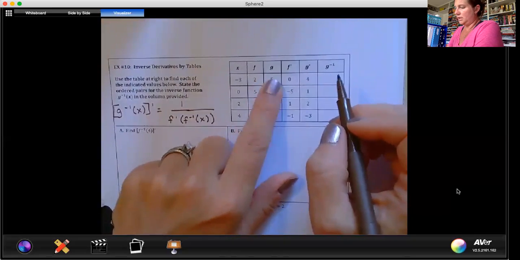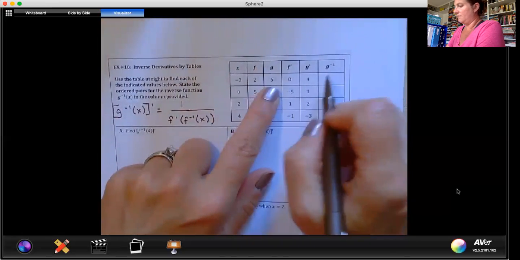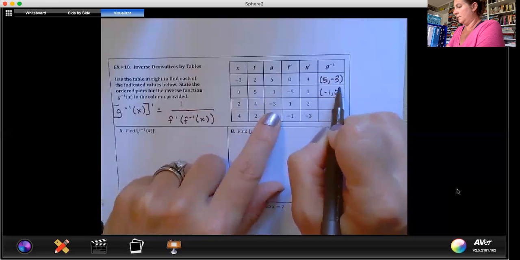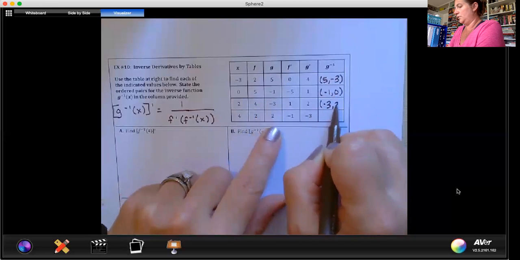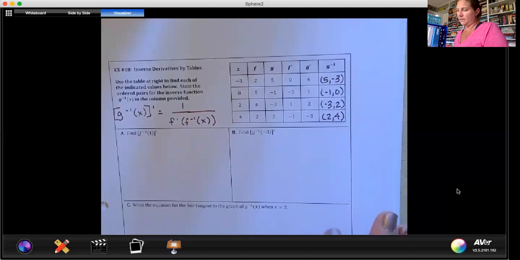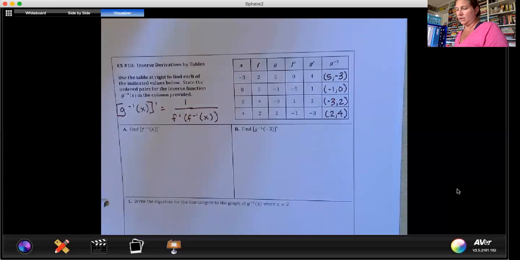Here is x, G, and x, G. So the inverse of G is going to flip these two. So 5, -3, -1, 0, -3, 2, and 2, 4. Use the table at the right. Find each of the indicated values below. State the ordered pairs for the inverse function G inverse of x in the column provided.